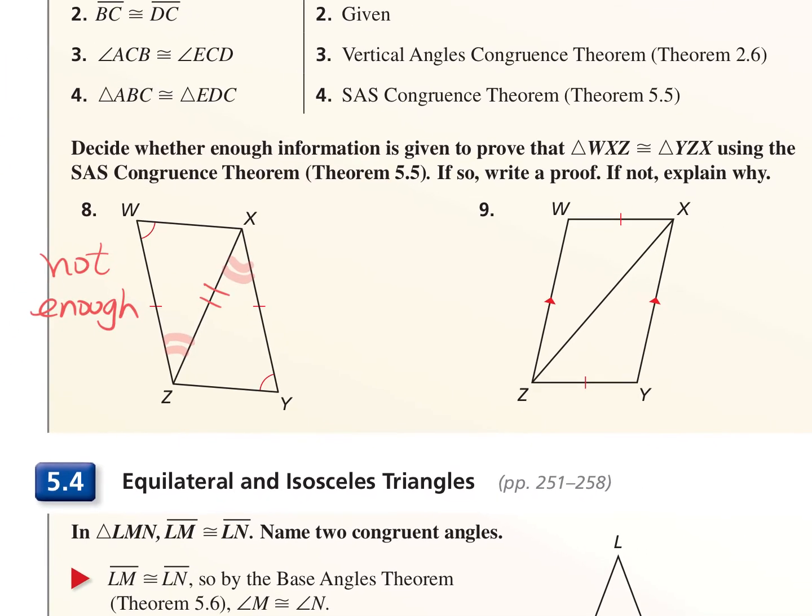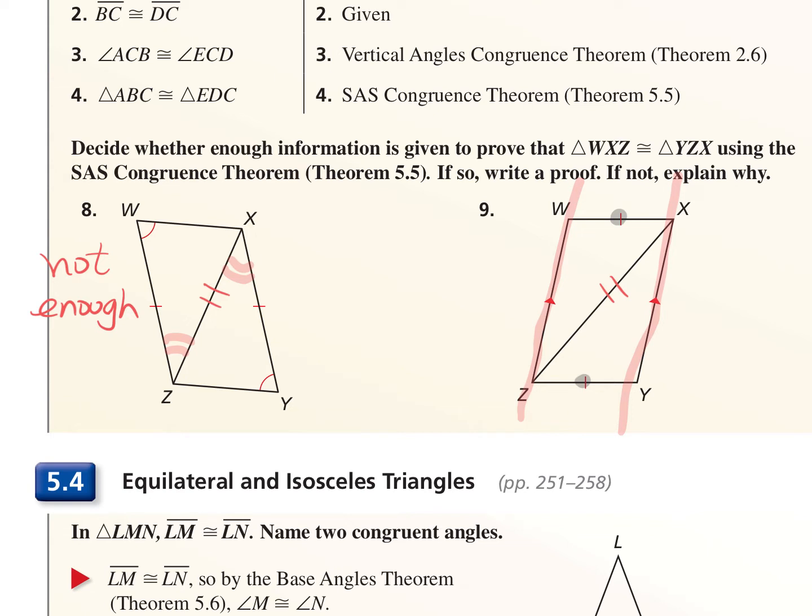The next one, number 9. What's given to me here is I do have parallel lines here. I'm also given that these sides are congruent. I could also bring in my reflexive side.